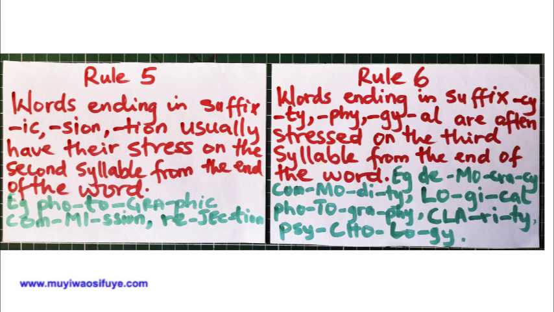For logical, it has 3 syllables, and that's why the stress is on the first syllable, law, because if you count from the back, law is the third syllable from the end. We have photography, same thing, 1, 2, and to is the third syllable from the end. Clarity, 1, 2, cla is the third syllable from the end. Psychology, co is the third syllable from the end of the word.